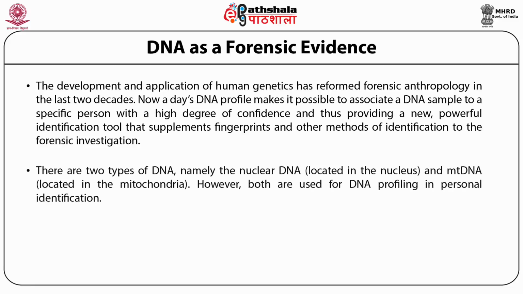There are 2 types of DNA, namely nuclear DNA, which is located in the nucleus, and mitochondrial DNA, which is located in the mitochondria. Both are used for DNA profiling in personal identification.